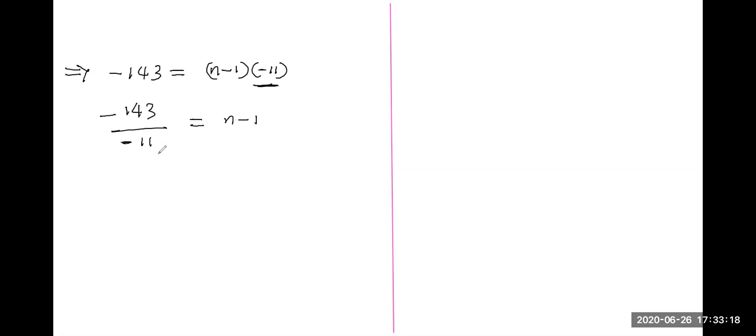When you do this, you discover that you have 13 equals n minus 1, because the minuses cancel. And when minus 1 goes to the other side of the equation, you have n is equal to 14.